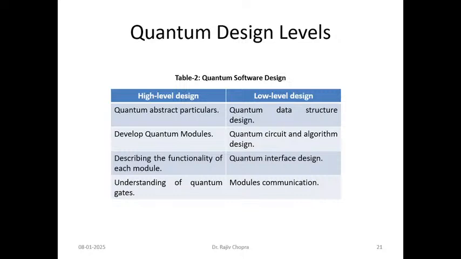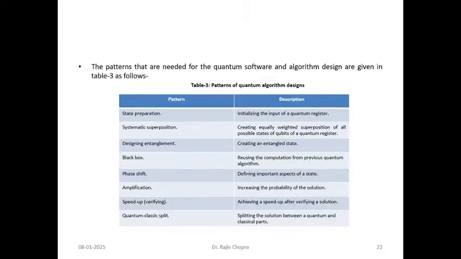Even the cohesion and coupling that we had earlier in software engineering, here also you have to find out the cohesion and coupling between the quantum modules. This can be done. You have to slightly modify the previous SRS and all those techniques that were there.